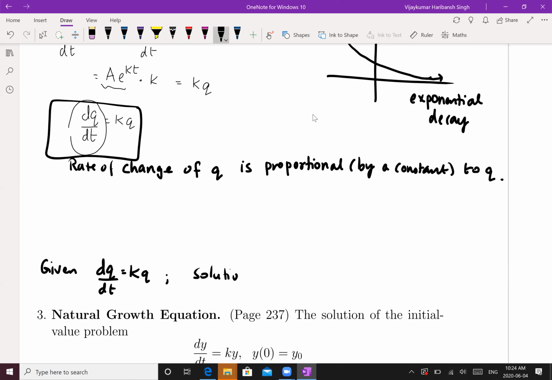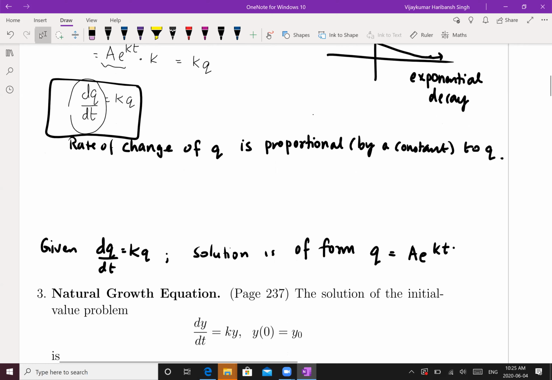This kind of equation which has derivatives inside it is called a differential equation. In our course, we will only restrict to a very special kind. So the solution is of the form q equals a e to the power kt.